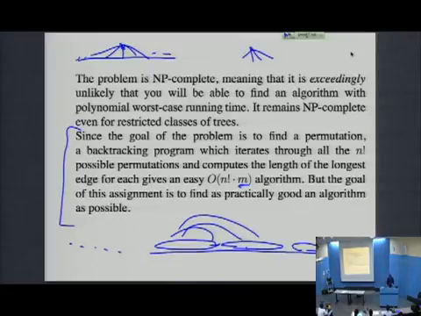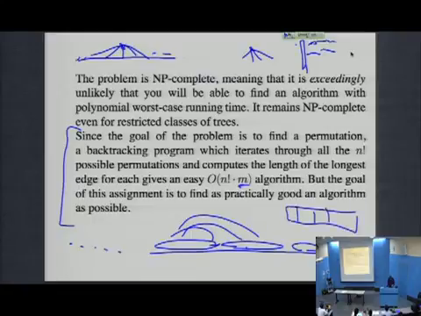You are given as input a graph, an adjacency list structure of a graph G. I am telling you that the vertices are in an order. I have an array where I tell you that the permutation is 3, 1, 4, 7, 6. What other numbers am I missing? 2. Okay, am I missing anything else? 5. That is the permutation.